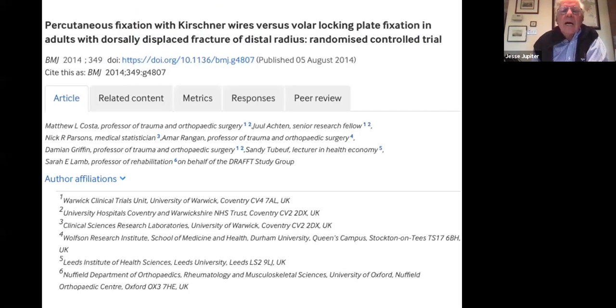So I guess there's enough evidence to say that that has worked in randomized prospective studies. And the latest to come off is from the UK, where they have a large study that was prospective, looking at a variety of trauma centers, looking at K-wires and casts or locking plate.